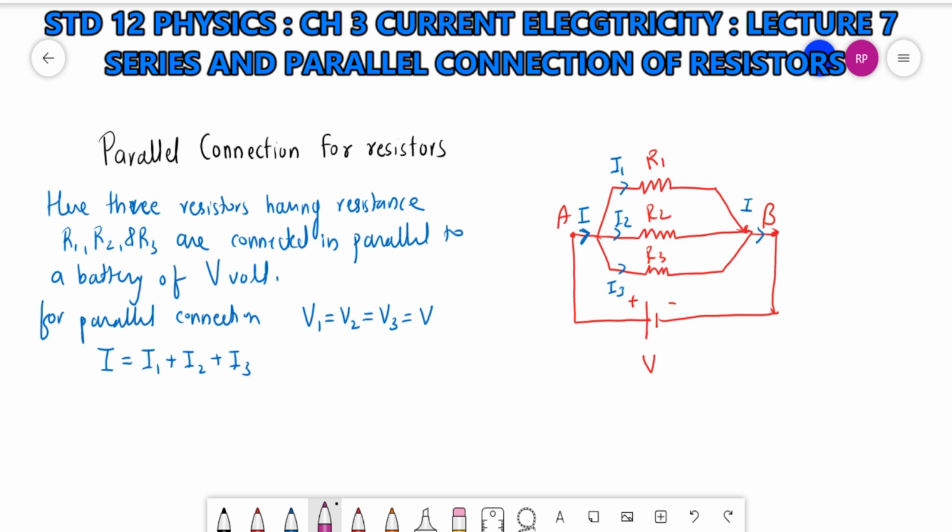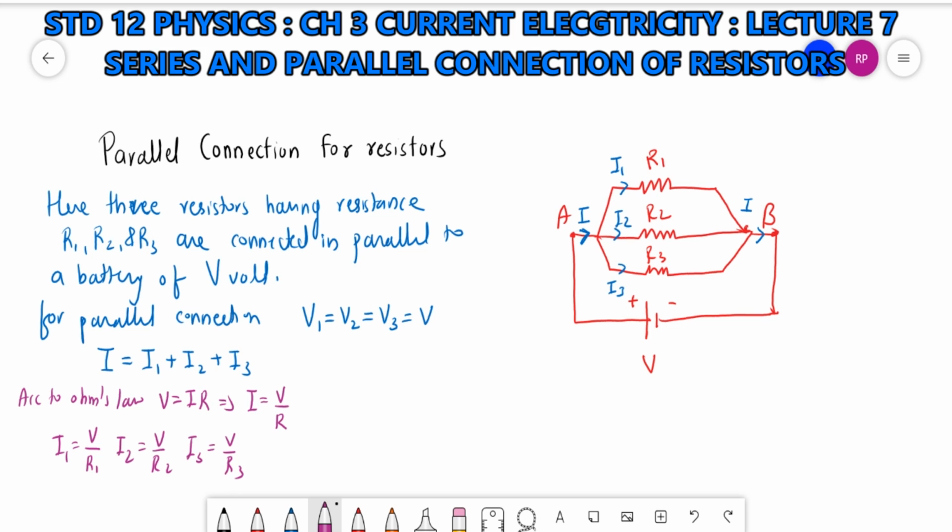Now according to Ohm's law, V equal to IR, that implies I is equal to V upon R. So I1 is equal to V1 by R1, but V1 is equal to V, so I1 equals V by R1, I2 equals V by R2, I3 equals V by R3.